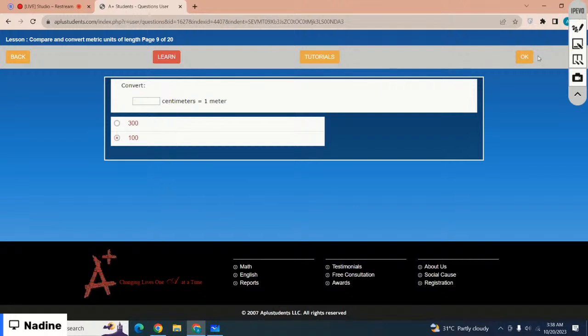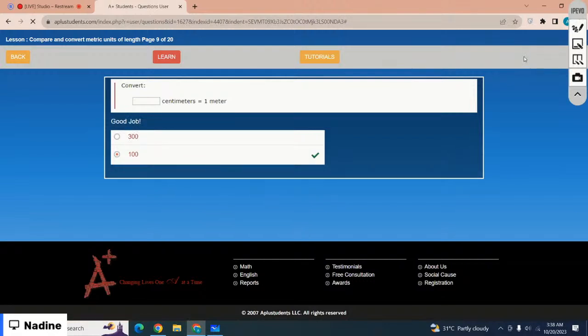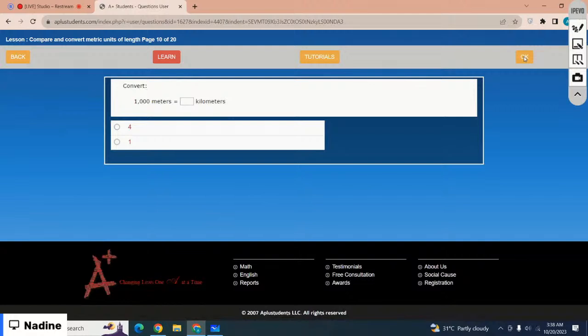The correct option is 100. Okay, 1000 meters equals how many kilometers? 1000 meters equals 1 kilometer, right?